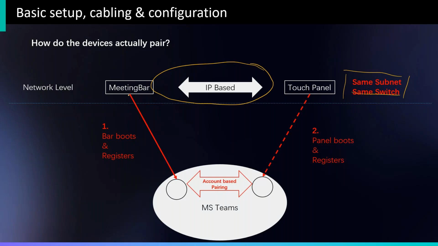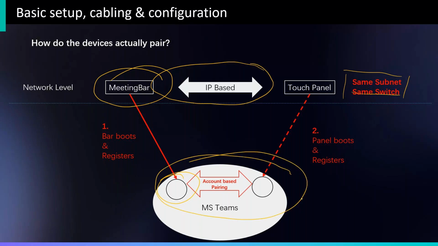we then, and from my experience, I strongly advise that you work first on the bar. You go through the Teams registration process so that the bar literally connects to the Teams backend. Once the bar is registered, you go to the touch panel because they pair on the backend together.